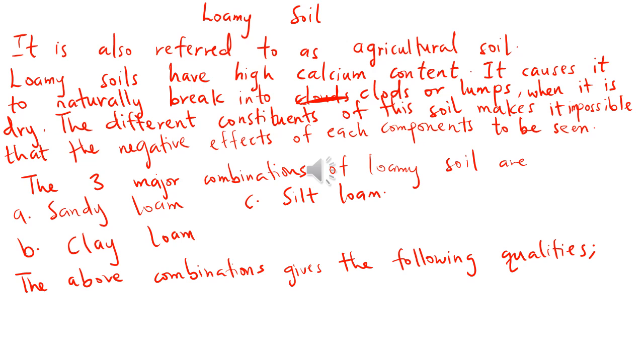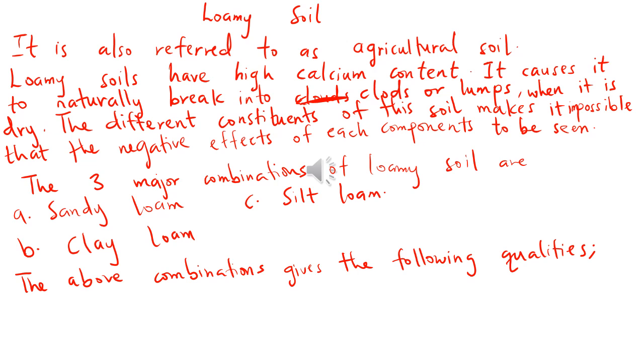If you combine any of the three above, sandy loam, clay loam, silt loam, the following qualities will show in your soil. The above combinations give the following qualities, as you can see on the screen.